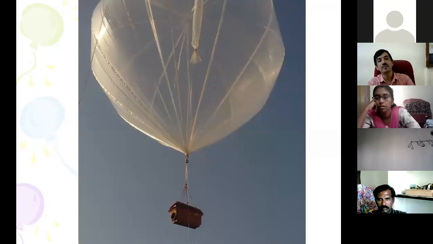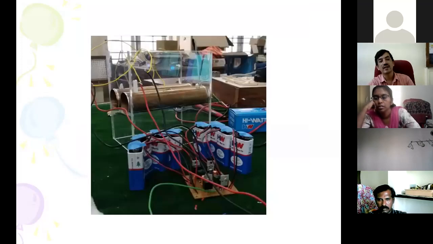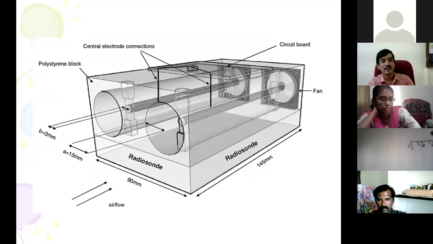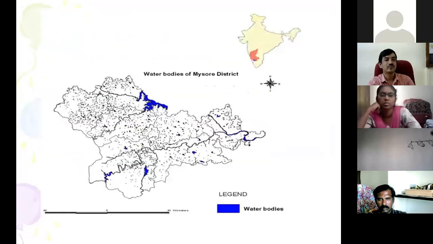For these bigger balloons, we use 7 cylinders of hydrogen gas, whereas with one cylinder I can fill 5 to 6 balloons for this small Gerdien condenser. That means we can use smaller balloons that will drastically reduce the amount of money required to carry out this research work. These are all electronic circuits, schematic diagrams.